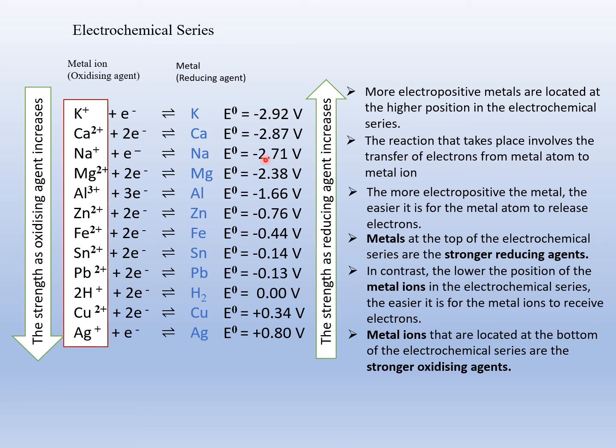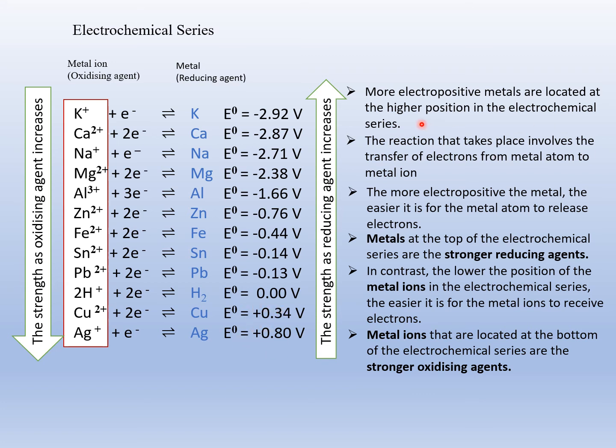So the more negative the E naught for each element, the electropositivity is higher. Dia duduk kat atas lah. Tapi kalau kosong, siapa? Hydrogen. E naught dia kosong. Dia border lah. So E naught yang positif dia akan berada di bawah.